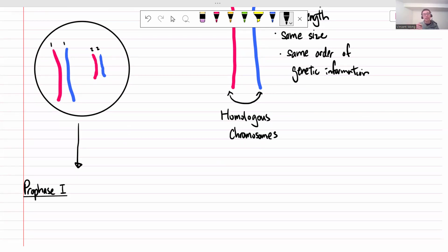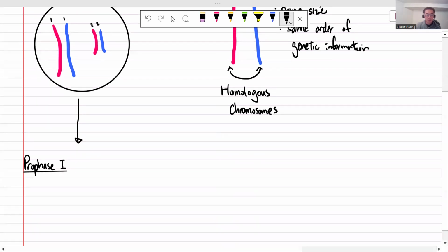Meiosis is separated into meiosis 1 and meiosis 2, and inside meiosis 1, you would have prophase 1, metaphase 1, anaphase 1, and telophase 1. Same thing for meiosis 2: prophase 2, metaphase 2, anaphase 2, telophase 2. So let's focus on prophase 1.